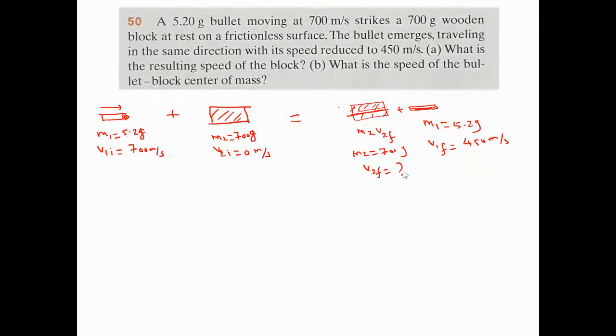Okay, now I'm going to apply the conservation of momentum. What is the conservation of momentum? Initial momentum equals final momentum. So if you apply the momentum formula, M1 V1I plus M2 V2I is equal to M1 V1F plus M2 V2F.